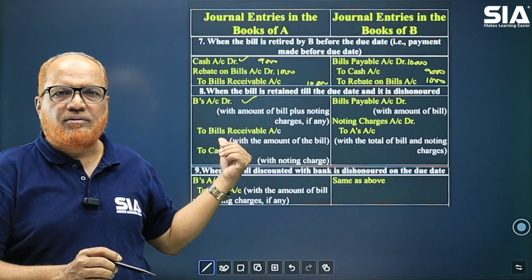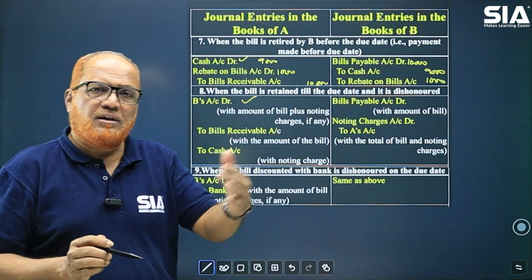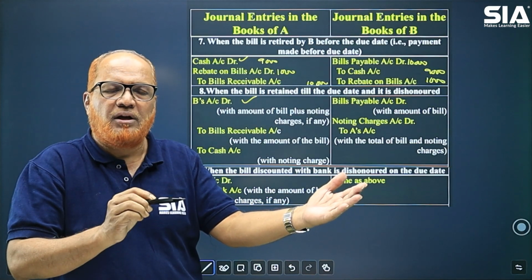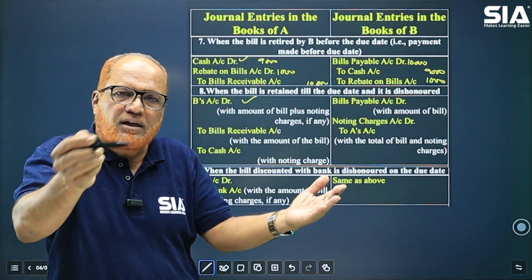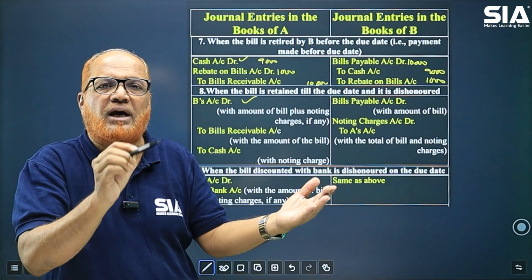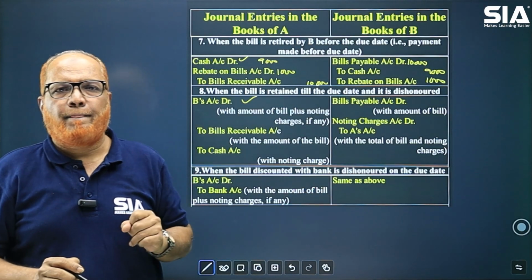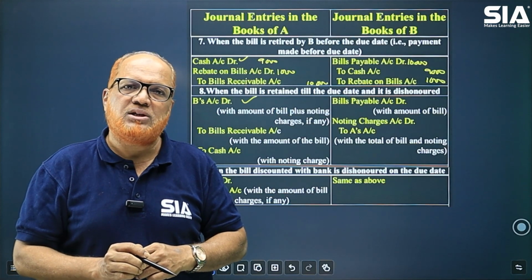So in our case, 10,000 is the value of the bill. A has presented the bill to B on maturity. B does not have the money. He has dishonored the bill. Immediately A will go to the court of law, to the lawyer, and get the bill noted. That means noting charges he has to pay. The noting charges, let it be 1,000. So 10,000 is the bill value, 1,000 noting charges.